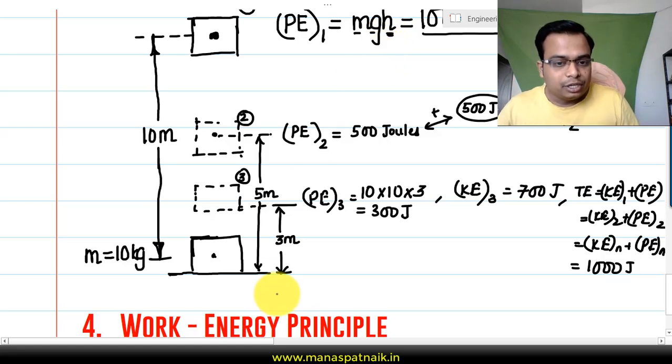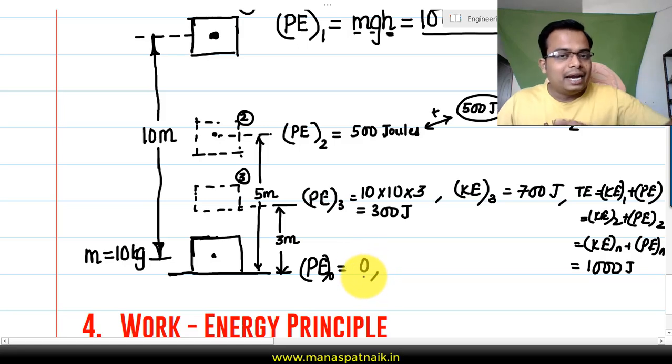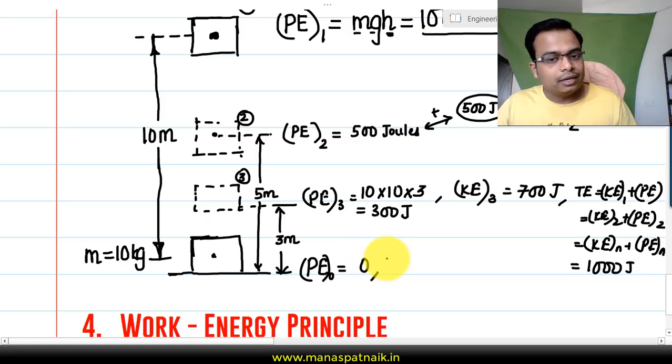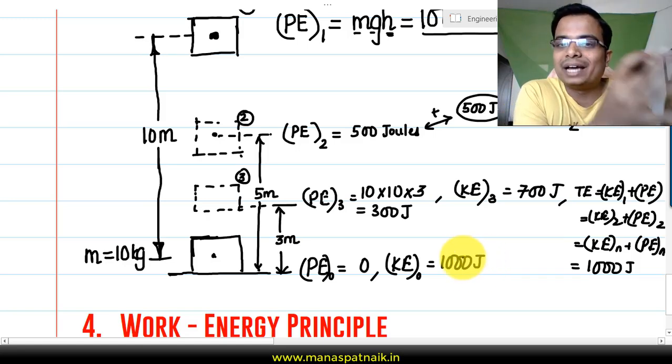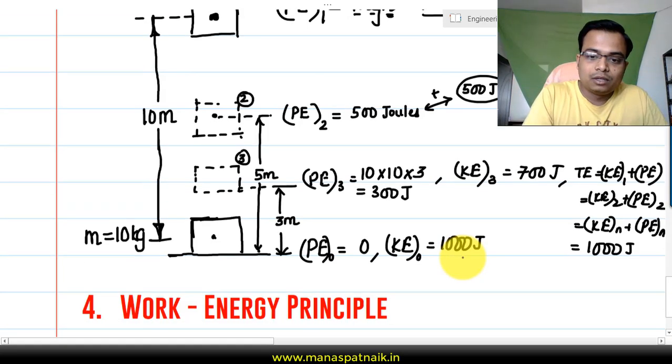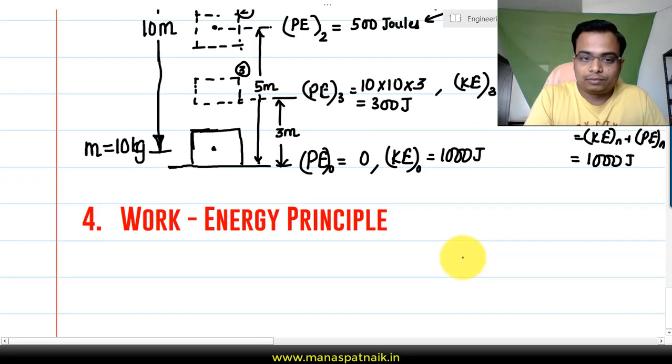So the potential energy here, let's say this is the 0th position, the height is 0, so the potential energy is going to work out as 0, and the entire potential energy, you can clearly say, has been converted into kinetic energy at 0, which is going to work out as 1000 joules. And this is something that we have achieved by the definition of the law of conservation of energy. Okay guys, now we'll work out what the work energy principle is.